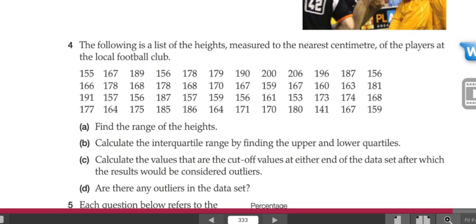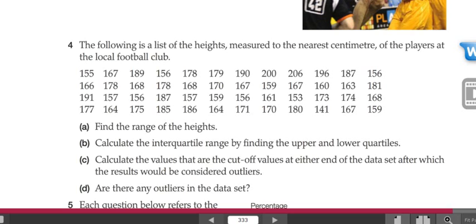Now, see these listed questions. How would you find the range of the heights? What is the range, looking back at our notes? It's max minus min. And if you can't be bothered searching for the highest and lowest, remember your calculator should tell you which is the max and which is the min.